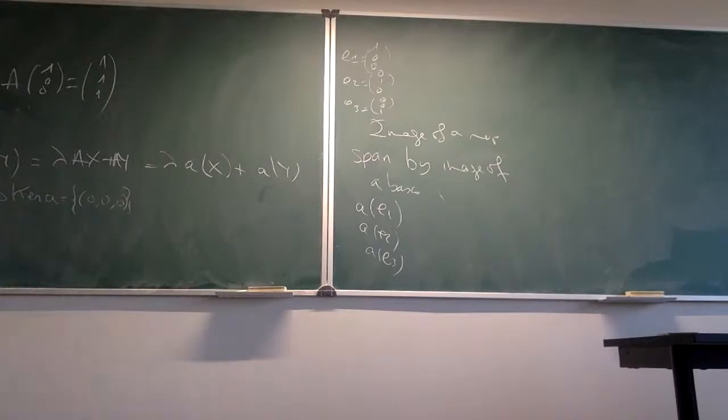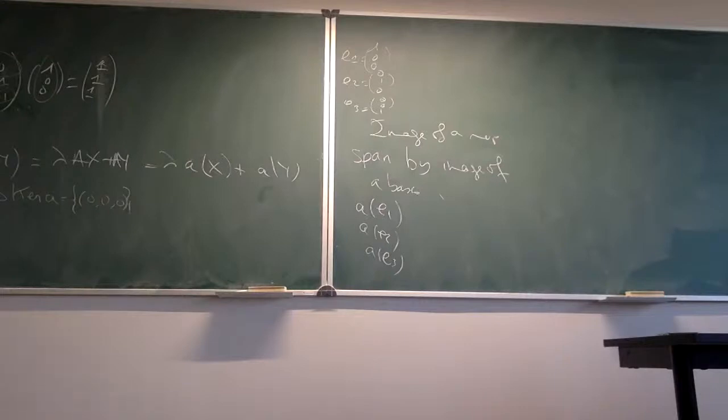The first column. To get that element, first row times this column, that gives me the 1. Second element, second row times this column, that gives me also 1. Third element, that row times this one, that's giving me 1. What do we observe? That's exactly the first column of the matrix.